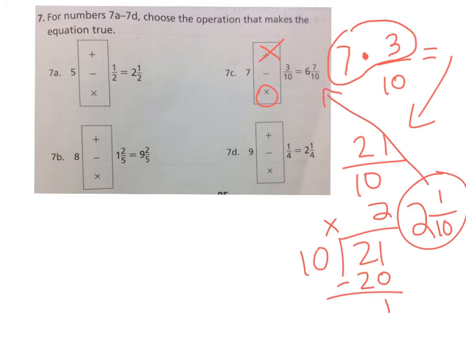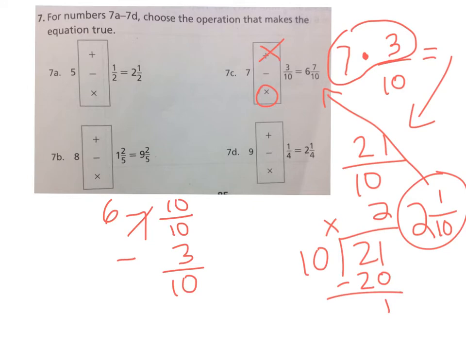Now let's try out the last operation. Okay, so let's put 7 into a working problem. So 7 minus 3/10. Since there is no fraction with the 7, I'm going to ungroup the 7 so I can get a fraction.